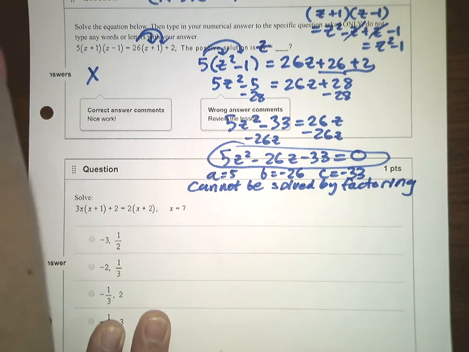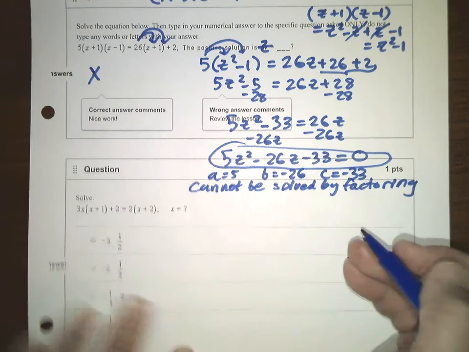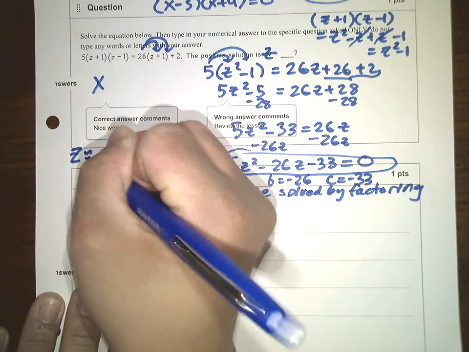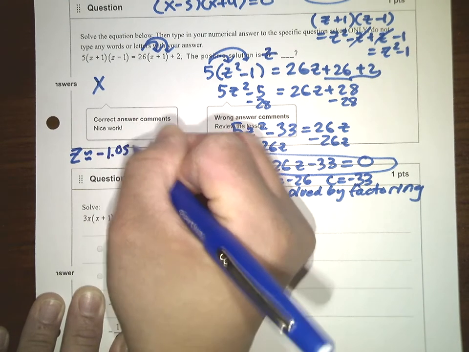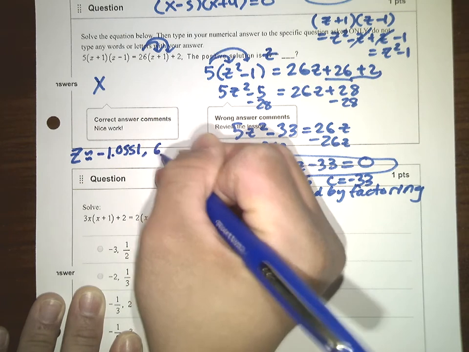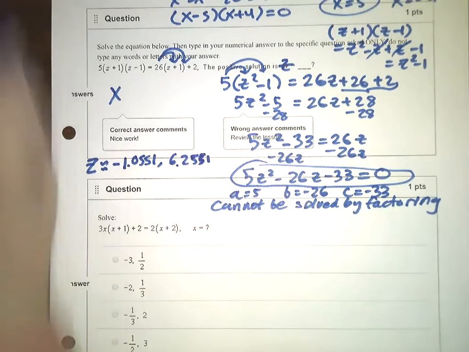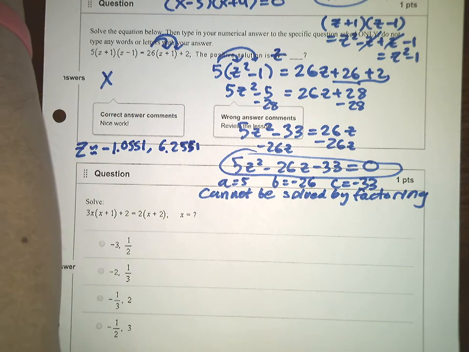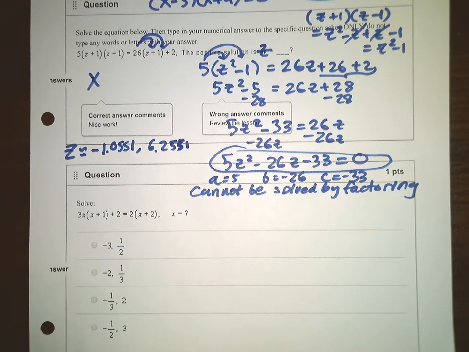But for today, let me just tell you that the answers are approximately, just so that you feel better about this, negative 1.0551 and 6.2551. But you'll learn more about that in a different class, but today is just about equations that can be solved with factoring. So the conclusion here would be that this one cannot be solved by factoring.